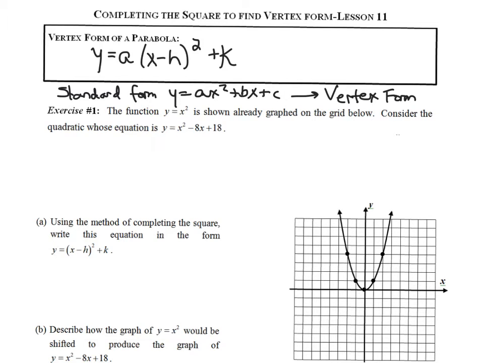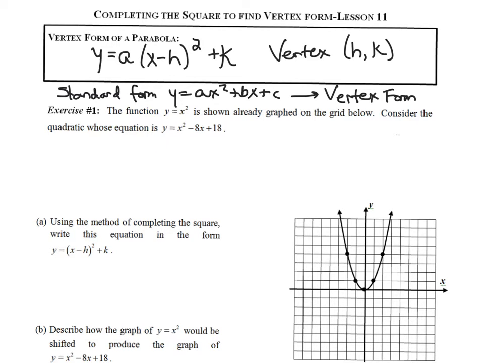So in this vertex form, the vertex is going to be the coordinates h, comma, k. So we'll be working with that form entirely in this lesson. But we want to begin our equations in standard form and rewrite them in vertex form.